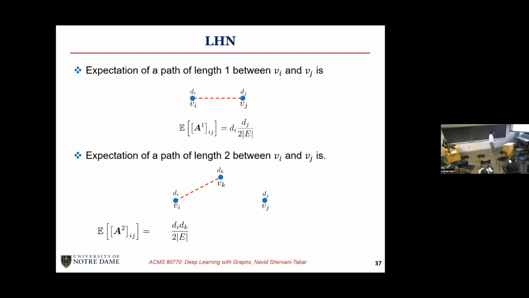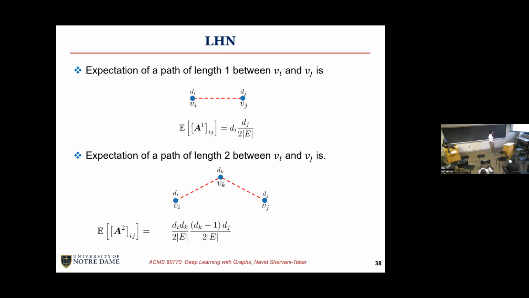Then I have the same thing here. Node Vk had Dk edges, degrees, connecting to it, and one of them has been used because I connected Vi to Vk. So I'm going to say Dk minus 1 times Dj over 2E.